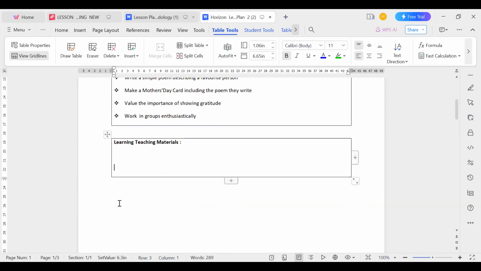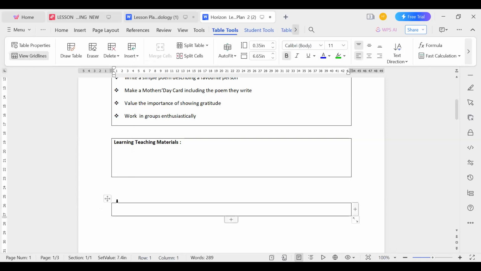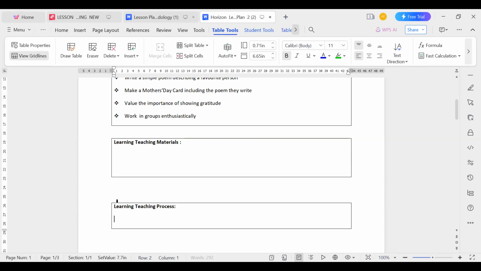And then we go to the learning teaching process. What do we call it? Learning teaching process. Here I'm using a 5E, but you're providing a model writing. So for the first activity, we put stage 1.